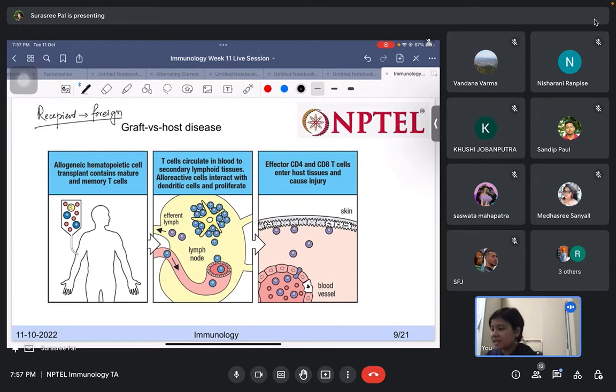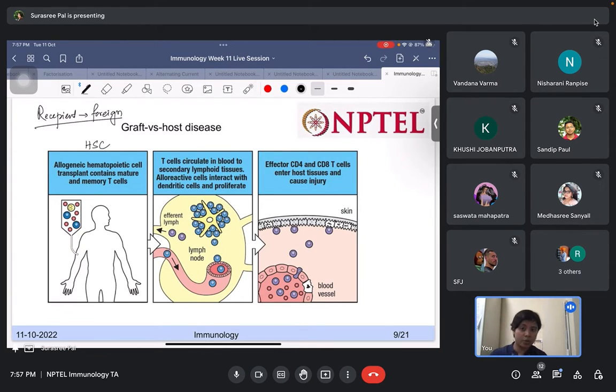Because of this HSC transplant, the T cells are transplanted, whereas when the solid organs are transplanted, they are not. Are you getting my point? When the solid organs are transplanted, there might be presence of the antigen presenting cells, but not the T cells and the B cells. The T cells are only transplanted when there is a transplantation of these HSCs or hematopoietic stem cells.